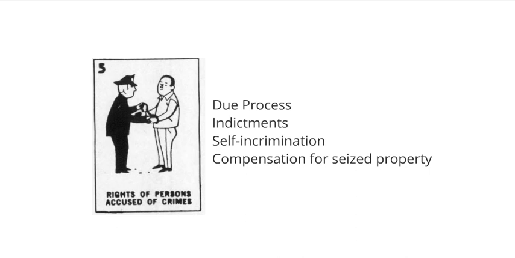Five continues this concept of crime, and if you are arrested, you have the right to due process. Due process means that in a reasonable amount of time, you are processed through the justice system. They just can't hold you indefinitely.